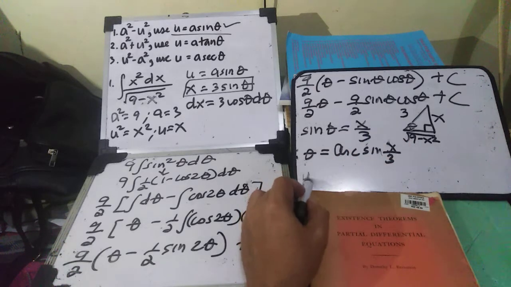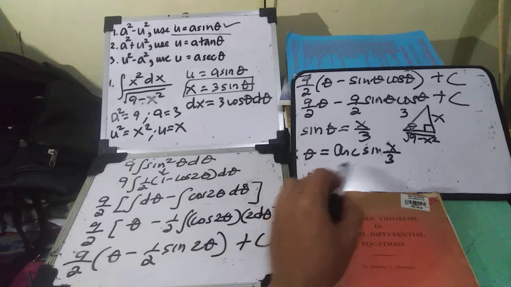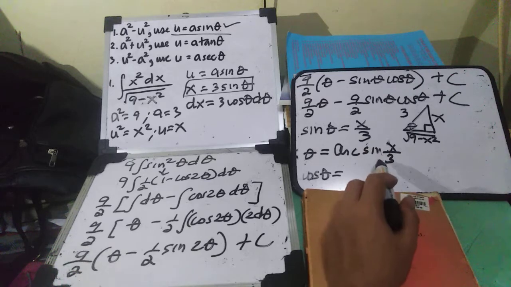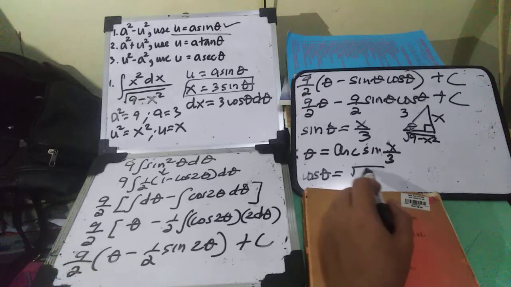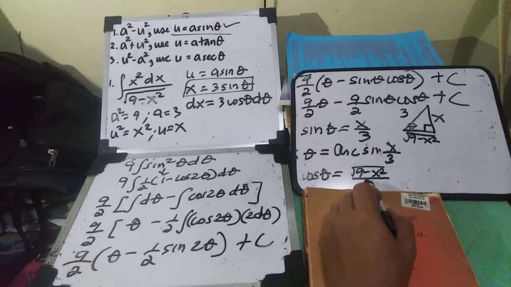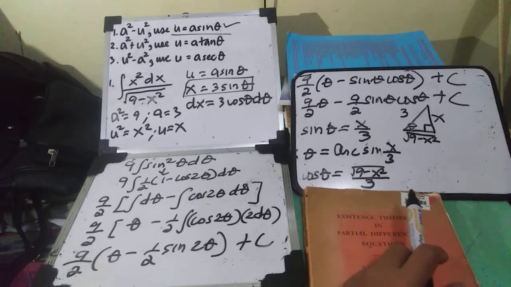So the value of cosine theta based from the right triangle is equal to the adjacent side over the hypotenuse.